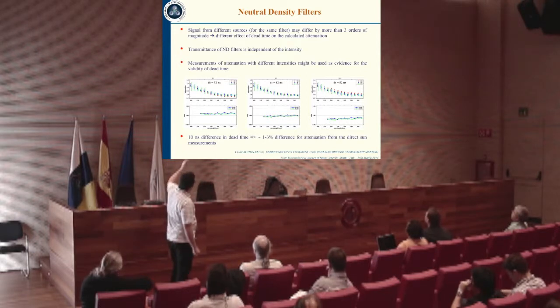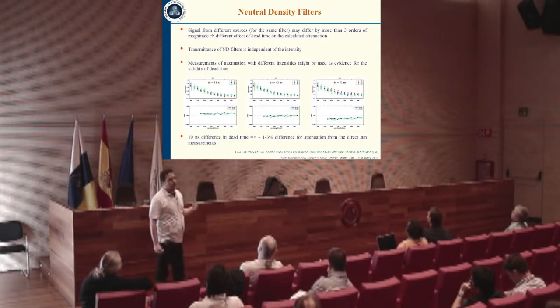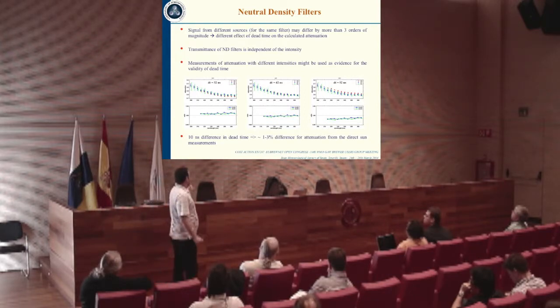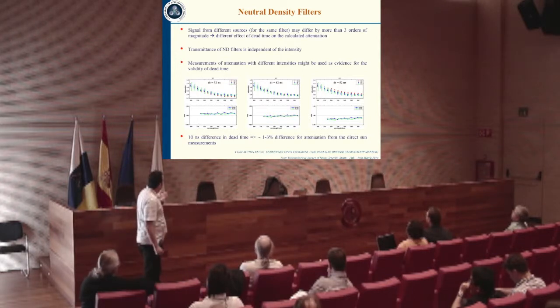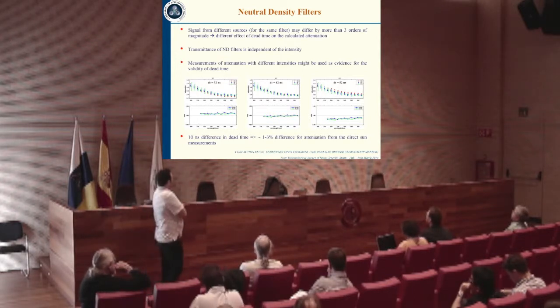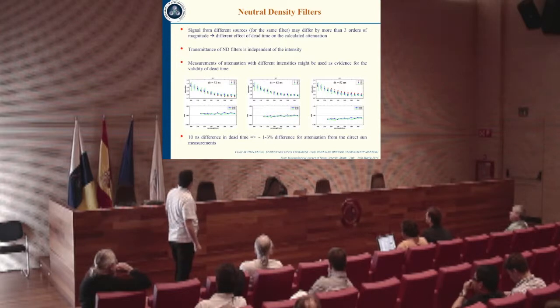We see the ratio of the attenuation for filter 2 to filter 1, but we used 3 different values of daytime to calculate the final result. What we ended up with is that a 10 nanosecond difference in the daytime leads to a 1 to 3% difference for the attenuation from the direct sun measurements.